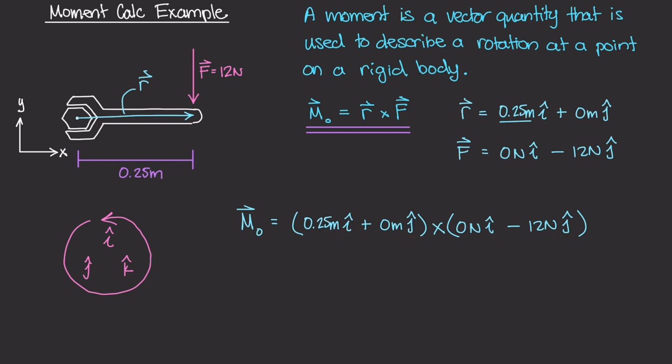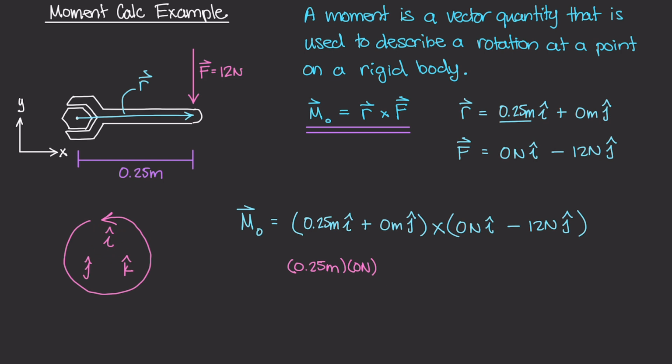To start off, I'm going to start with this x component and this x component. So we know that 0.25 meters times 0 newtons is obviously going to be 0. However, when we do i cross i, if we look back at this diagram, i cross itself is going to be 0.